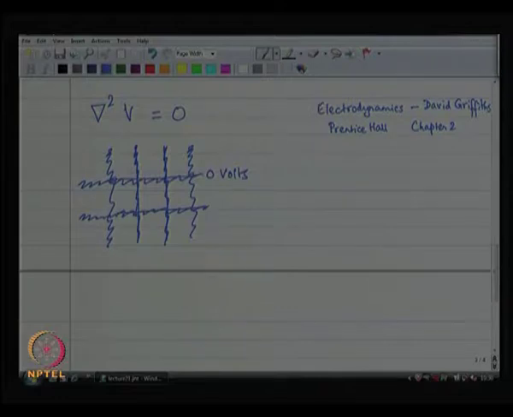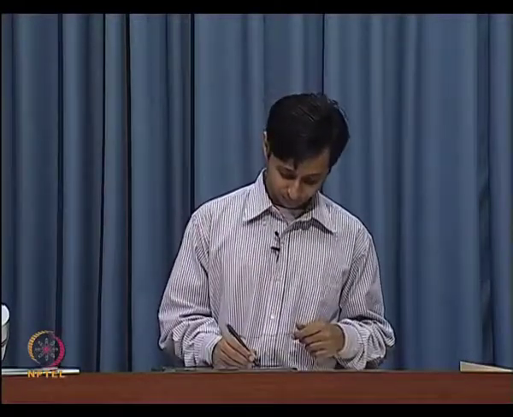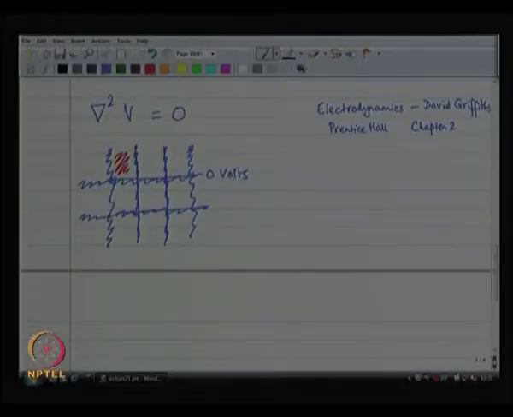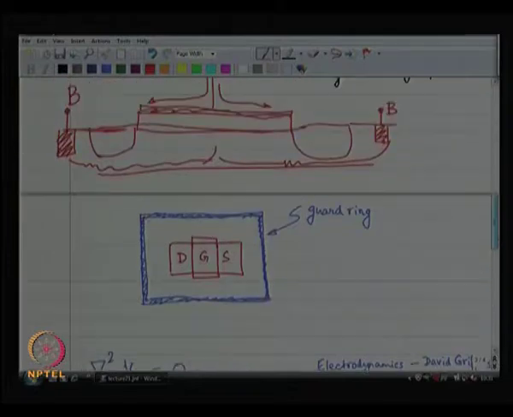You can show that the entire region which has that grid is going to be at 0 volts. So, everywhere in between you are also going to get 0 volts most likely. You are going to get other things also, but to a great deal of approximation you are going to get 0 volts. So, this guard ring technique is basically something that we have borrowed from there.